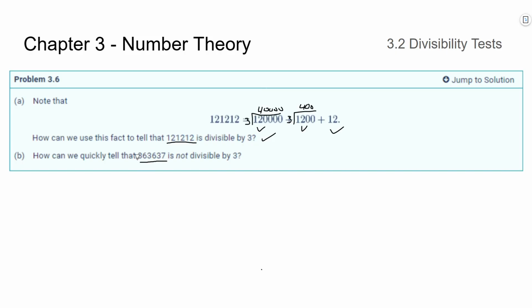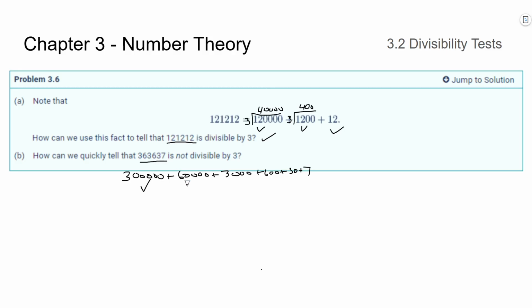This is going to be the same thing as saying 300,000 plus 60,000 plus 3,000 plus 600 plus 30 plus 7.